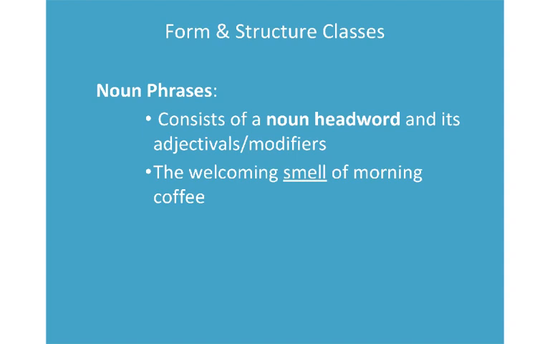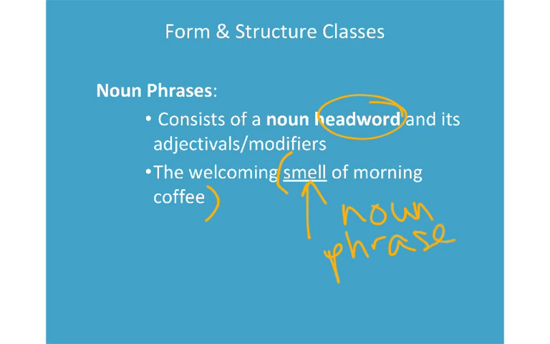Noun phrases consist of a noun head word and its adjectivals or modifiers. So here, this is the noun head word. The welcoming smell of morning coffee, that's heading off, that's starting a noun phrase. So smell of morning coffee is the whole noun phrase, and it starts with a noun, smell.